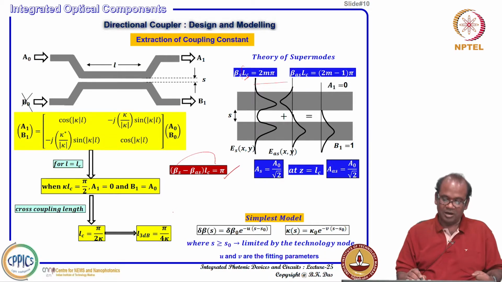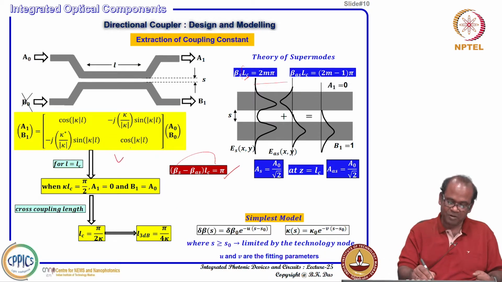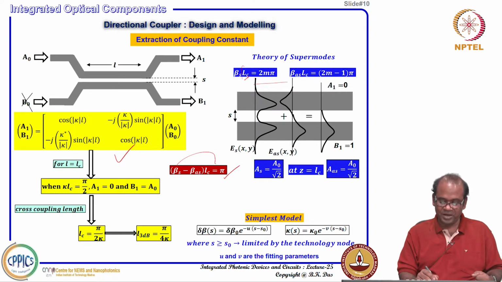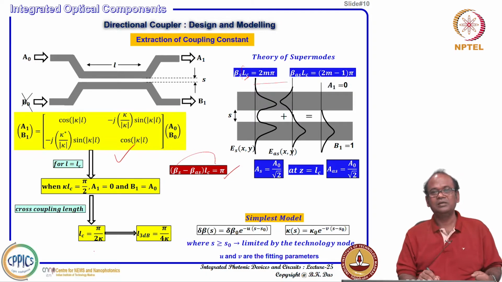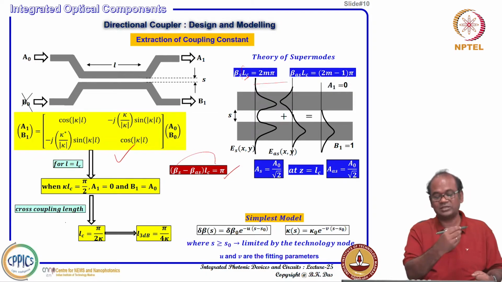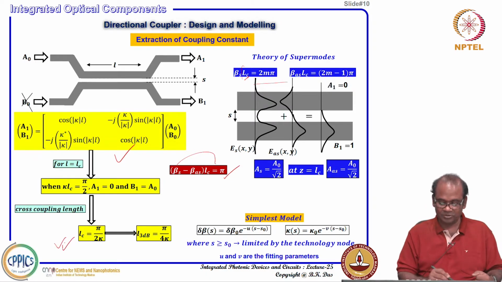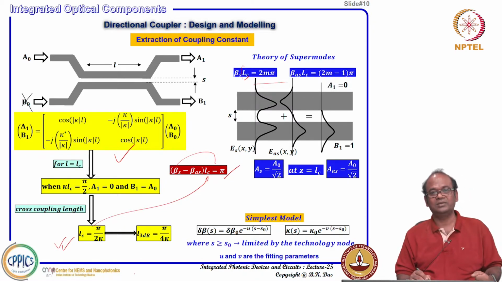Now, in another way, from the transfer matrix we know that LC is pi by 2 kappa, right. Pi by 2 kappa is LC, that is what we have discussed earlier, that is why I am carrying it forward to use now. Here if we just use LC, then I can express kappa in terms of beta s and beta a.